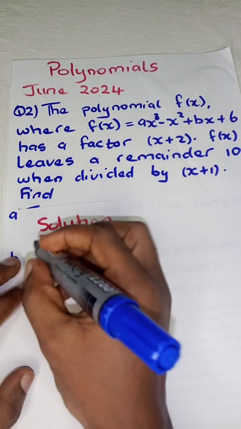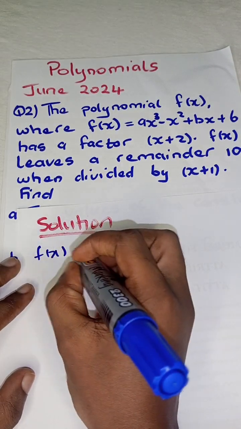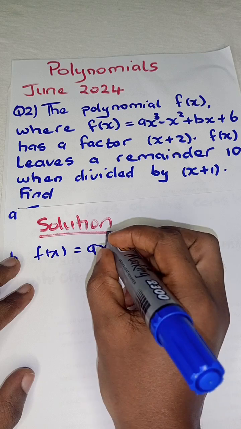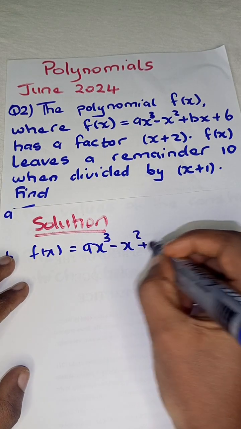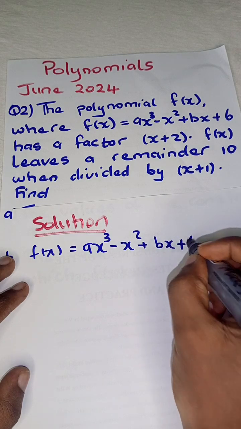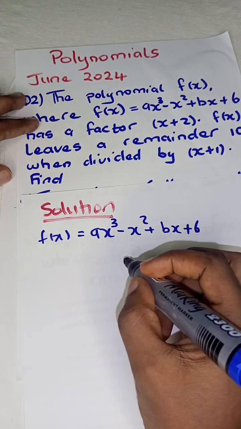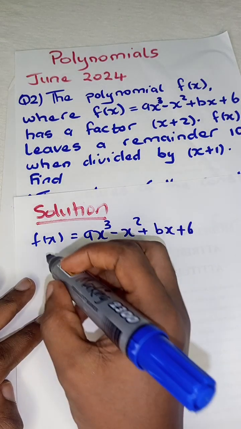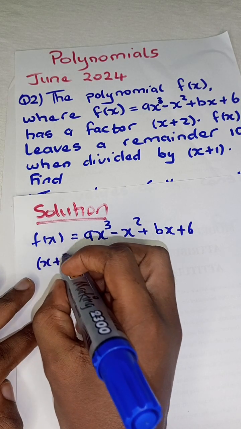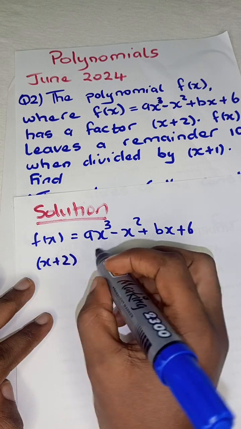Solution: we've been given f of x as ax cubed minus x squared plus bx plus 6. So the first thing here is that x plus 2 is a factor.